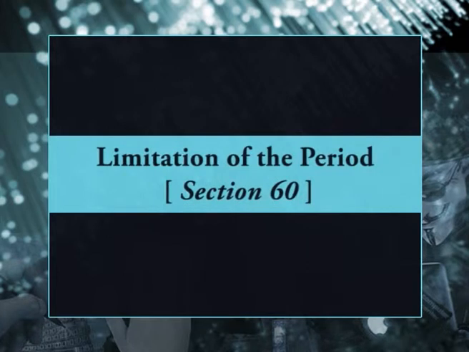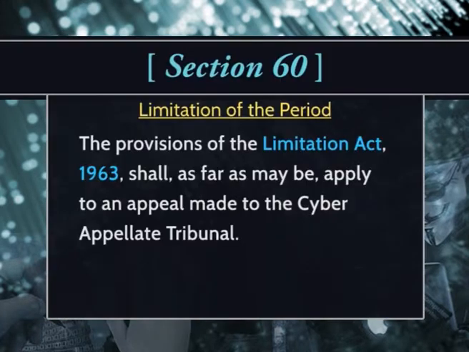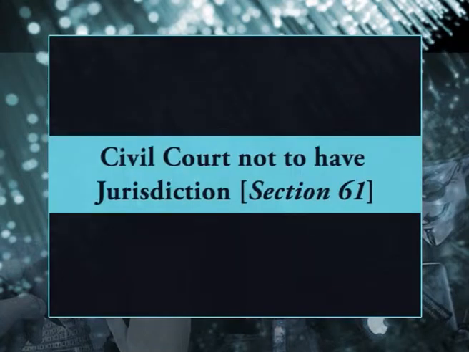Then we will discuss section 60, which defines limitation of the period. The provisions of the Limitation Act 1963 shall, as far as may be, apply to an appeal made to the Cyber Appellate Tribunal. Civil court not to have jurisdiction is defined in section 61.